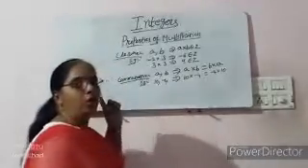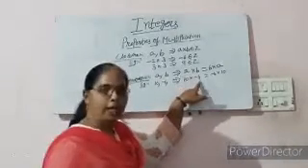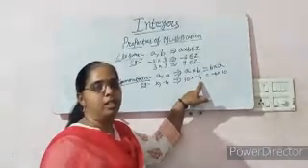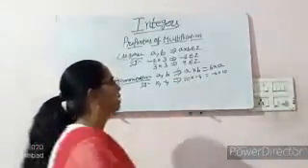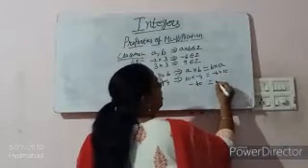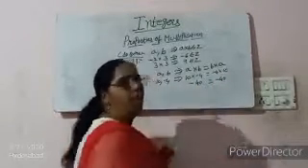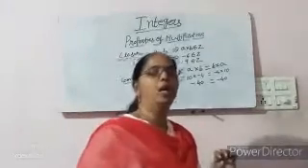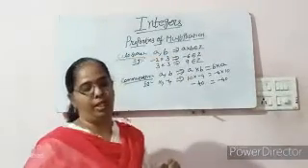I already told you one positive number with a negative integer, the result is negative. So 10 into minus 4 is minus 40, whereas minus 4 into 10 is also minus 40. Therefore, commutative property holds good in multiplication.